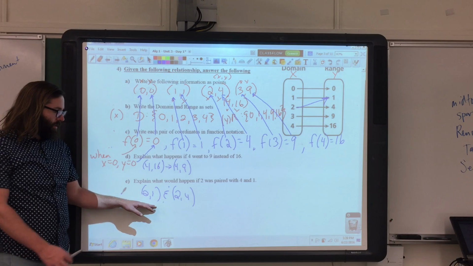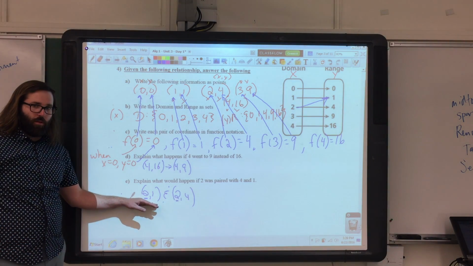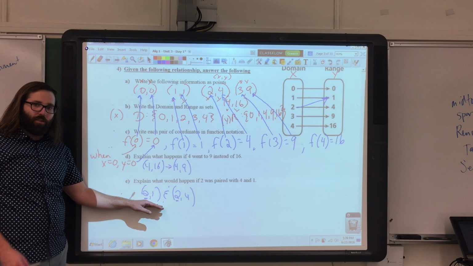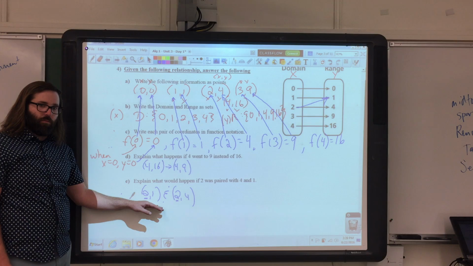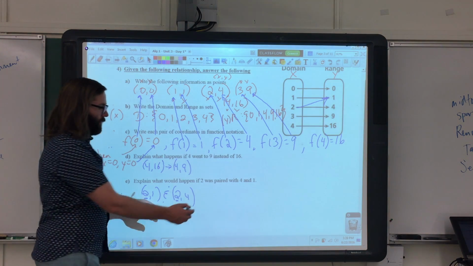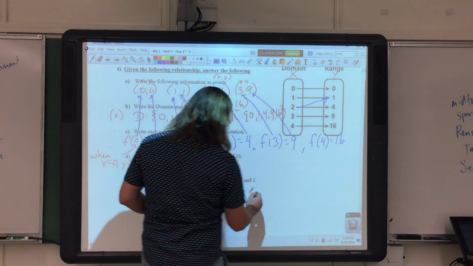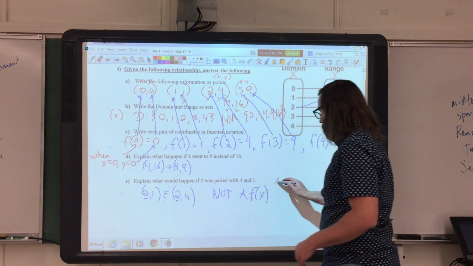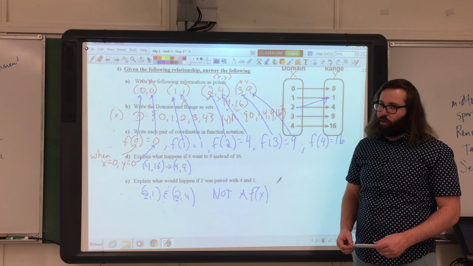If you notice, these both have the same x's. If they have the same x's, is it a function? The answer is it fails the vertical line test. Not a function. Okay, you get 2 of the same x's. Can't do it.